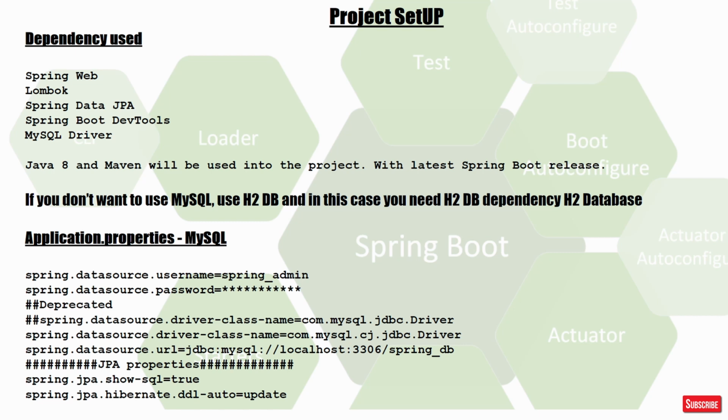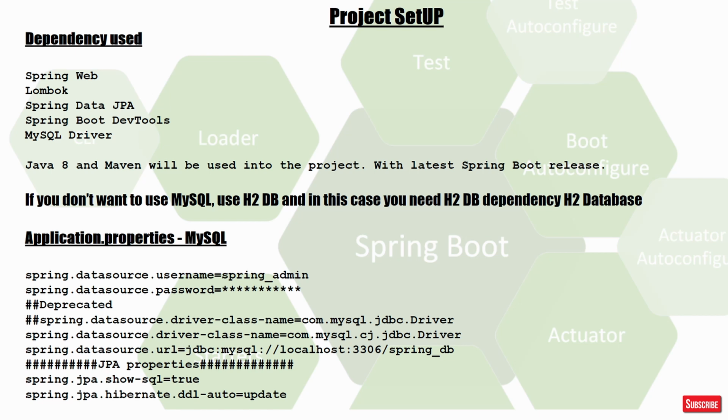The JPA property which we are going to use is spring.jpa.show-sql. Basically we want to show all the SQL queries of JPA in the console, so we are going with show-sql equal to true. Also spring.jpa.hibernate.ddl-auto needs to be set to update, so that we are not going to create a schema beforehand.